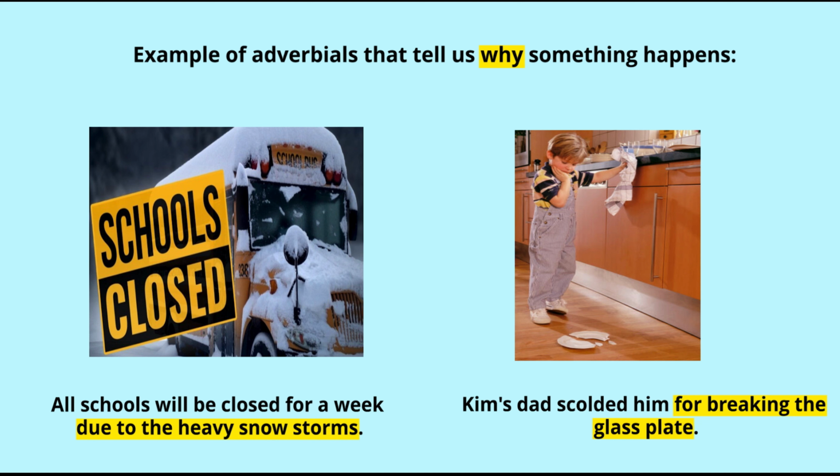So, why are the schools closed? Due to the heavy snowstorms, right? So, due to the heavy snowstorms is the adverbial. Due is an adjective, to is the preposition, the is an article, heavy is describing the noun, right? So, heavy is an adjective, snow is the noun and storms is the noun.